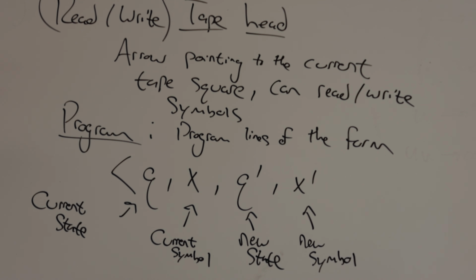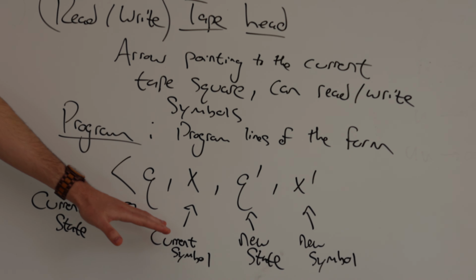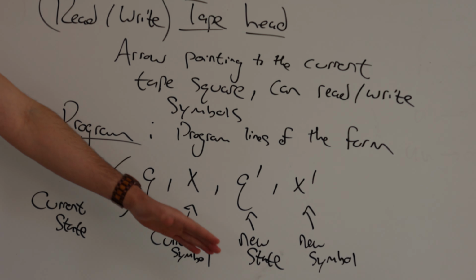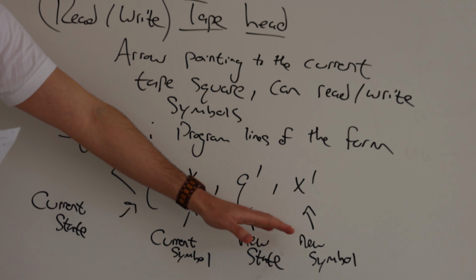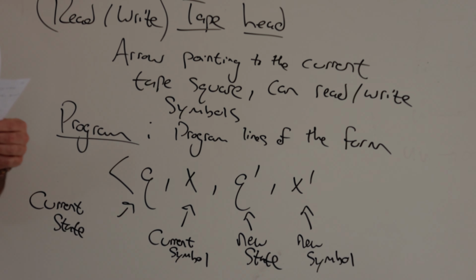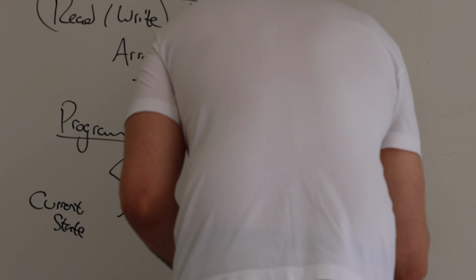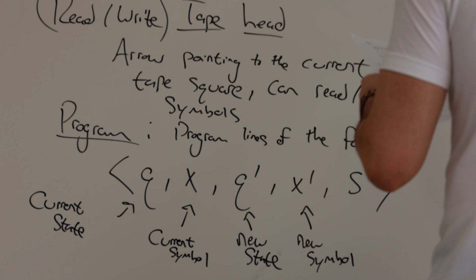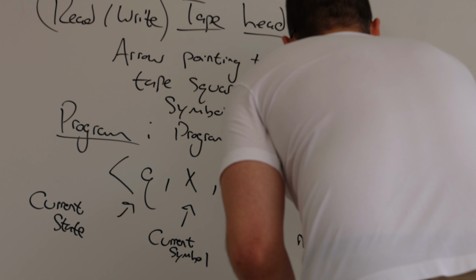So, and we'll do an example, but for now, if your tape head is looking at this current symbol and the Turing machine is in this current state, update to this potentially new state, it could be the same state, and write this new symbol, potentially, it could be the same symbol, into that square. And then the last thing is we're going to tell the tape head where to go. So we'll represent that with letter S, and this is where to move the tape head.